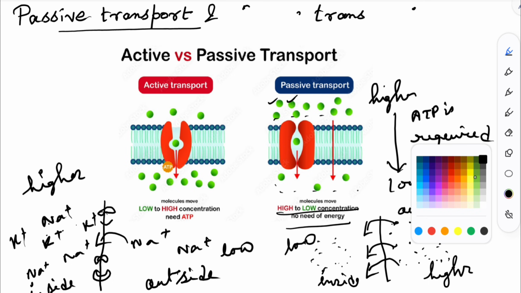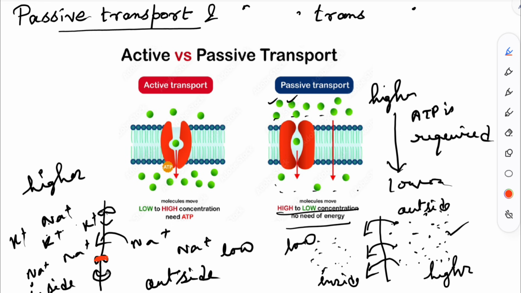Let me use another color here. Suppose there are protein channels or carrier proteins. Now, what will happen? Through this protein channel, the sodium molecule will enter the cell.